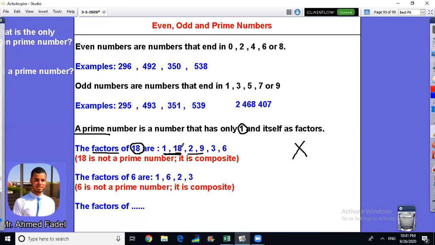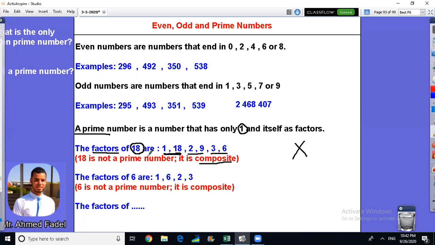So we have 1 and 18, we have 2 and 9, we also have 3 and 6. I don't need to list them all to know if 18 is prime or composite, which is the opposite of prime. Once you know that 18 is an even number, it's 2 multiplied by something, so it's not prime.